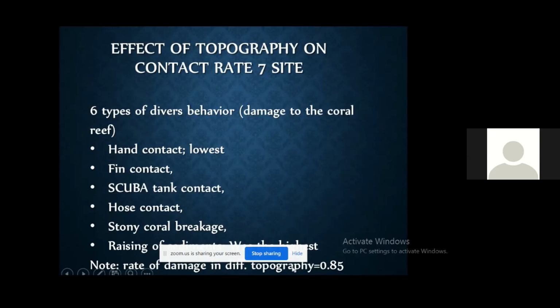After the analysis, the significance value was 0.85, which means that there was no significant difference in different topography levels.